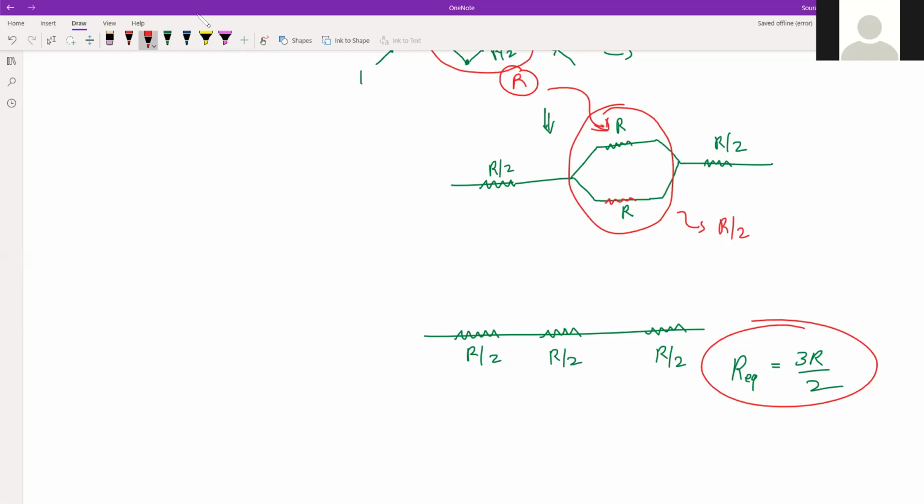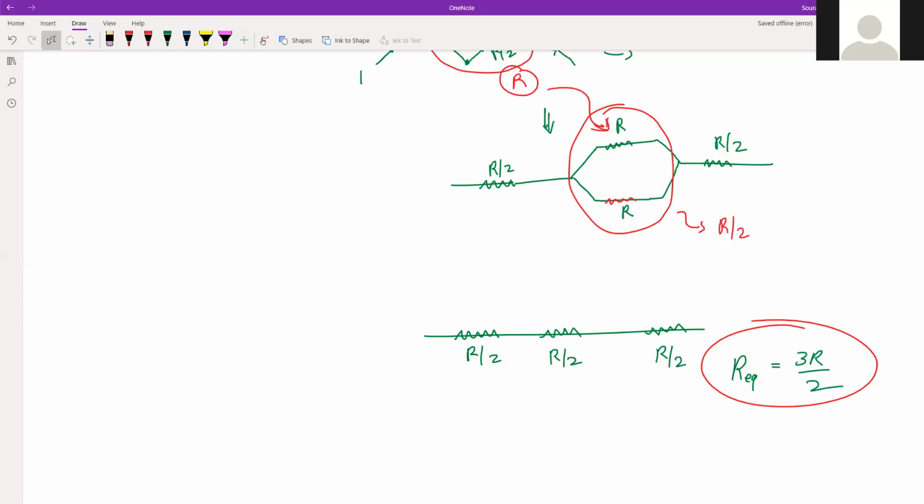Then you simplify that, and after simplification you keep on doing that, and you will end up having your final value. That is what we can see here, that is 3R by 2 in this particular case. Right? So that's how we are going to solve such problems.